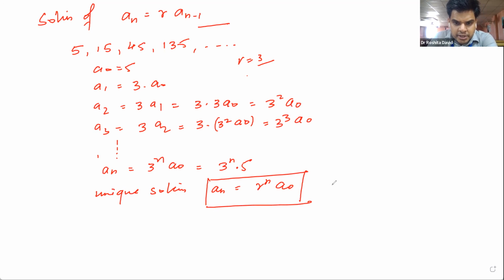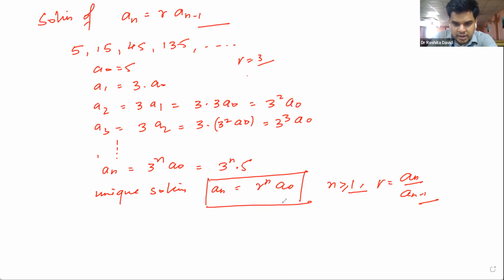This solution is unique for n greater or equal to 1, where r is the common ratio, an upon an minus 1, right? So the solution of the recurrence relation depends only on n. R is constant here, right? It is common for every term of the GP series, and a0 is also constant.